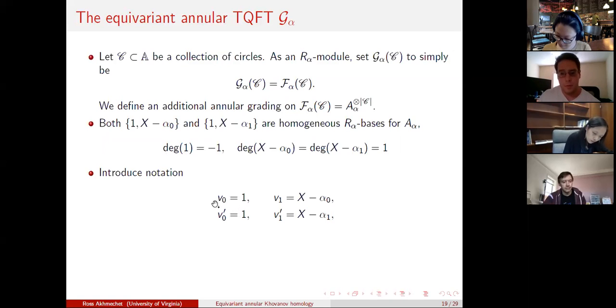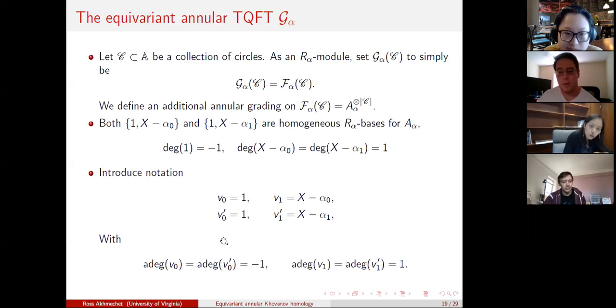Similar to before, I'll use V's with some subscripts for essential circles. I'm going to have V null and V1, and I'm also going to have V null prime and V1 prime. V null and V null prime are the same element. So I have two notations for the same thing, but this is going to be convenient. Both V null, V1 and V null prime, V1 prime are bases.